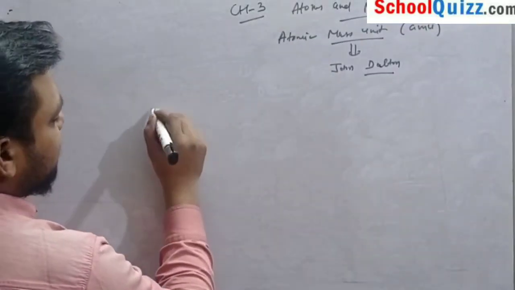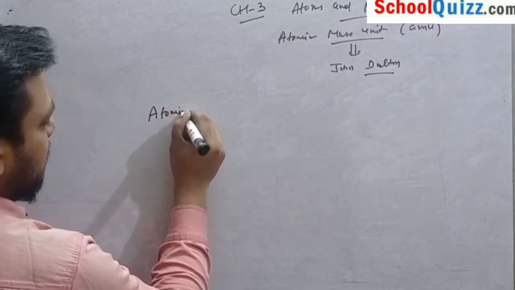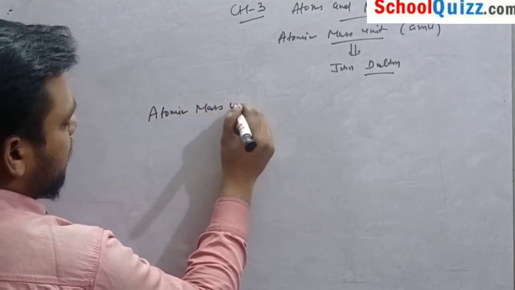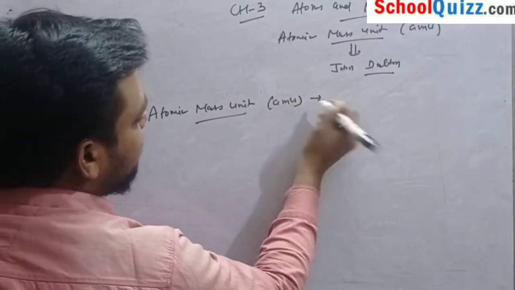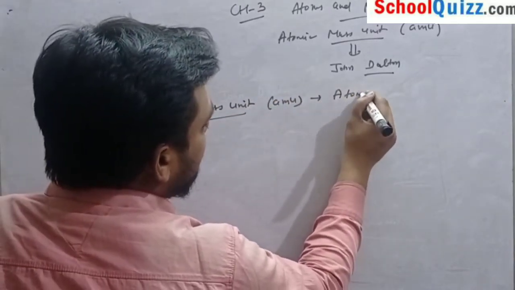So what is atomic mass unit, which is written as AMU?